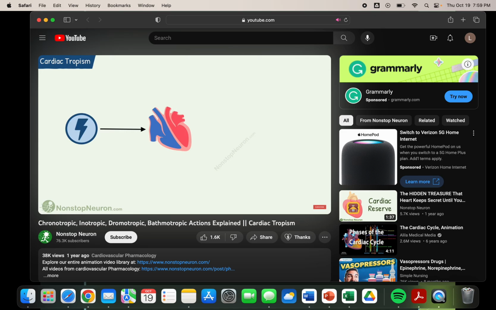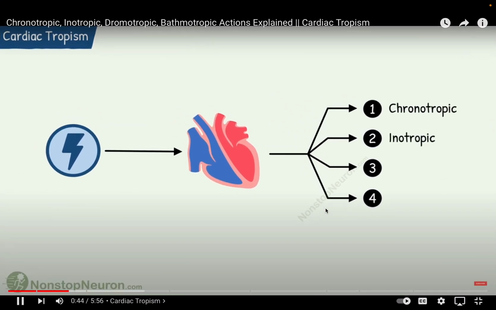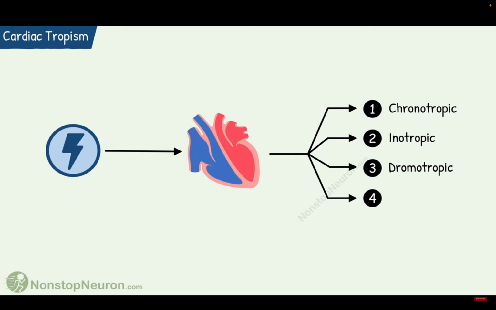See, the factors acting on the heart affect different parameters of heart functions. So they produce different types of changes in heart activity. These changes are broadly categorized into 4 types: chronotropic effects, inotropic effects, dromotropic effects, and bathmotropic effects.